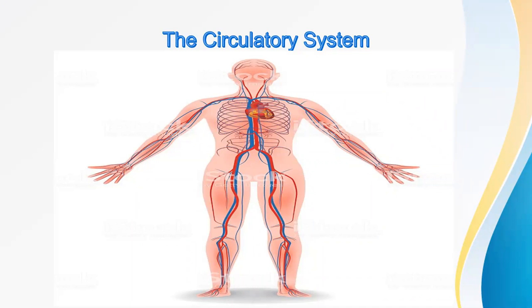This kind of system we call the cardiovascular system. This whole system, including these tubes, the heart, and the blood, together we call the cardiovascular system.